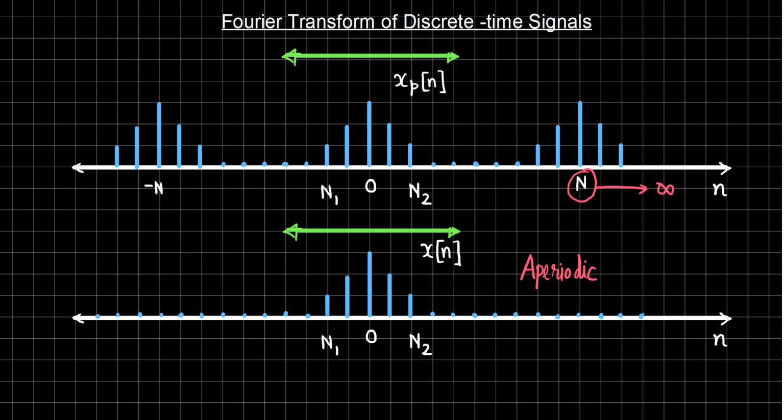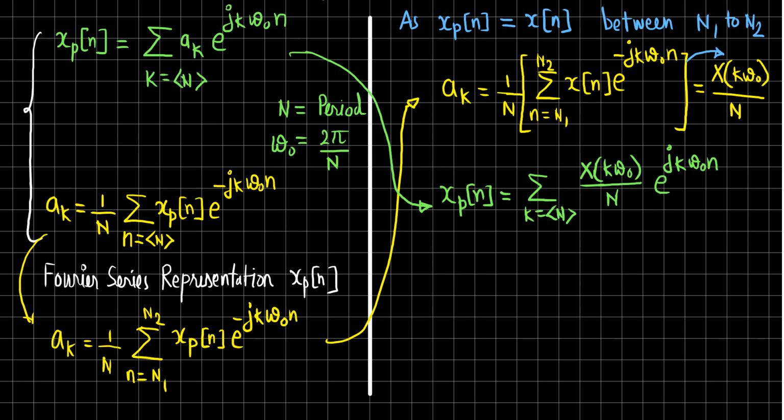So let's impose this condition of N tending to infinity on the expression that we have just obtained. So now if we make this N tend towards infinity, we may see that this omega naught, that is 2 pi by N, tends towards 0.